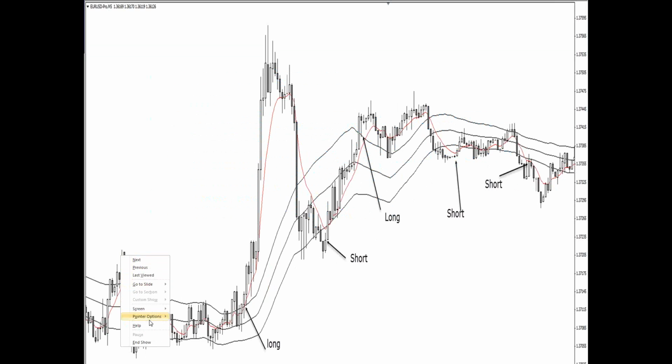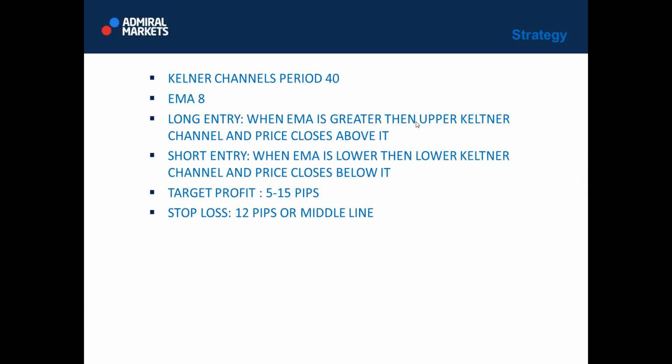Yeah, this is also a successful example. If you go with 5 to 15 pips, you can see the break and then. So if you're scalpers, try to use this. Maybe it will be good for you. It's a simple one.